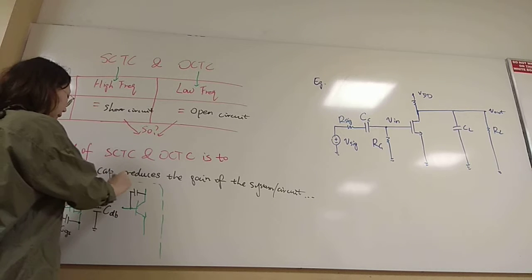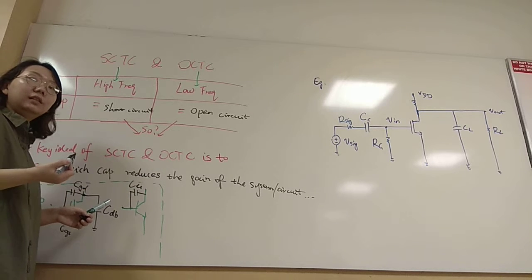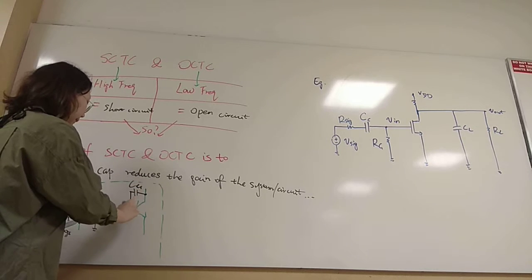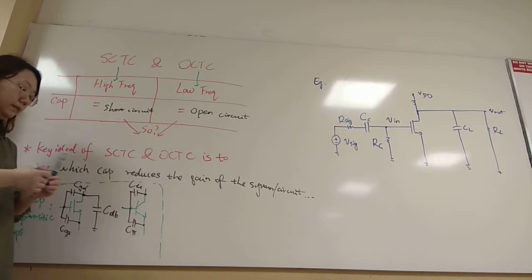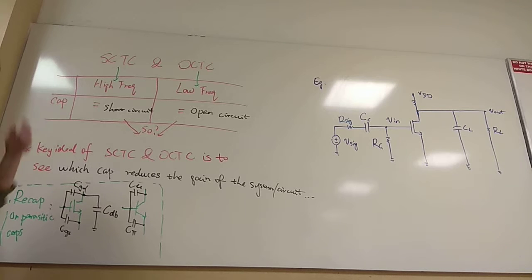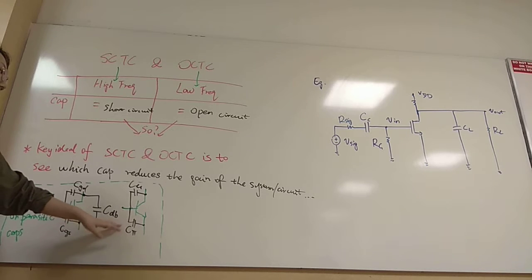One more: between base and emitter, C pi. So for your BJT, because the physical structure is different from MOSFET, it only has 2 parasitic capacitors. One is C pi, one is C mu.